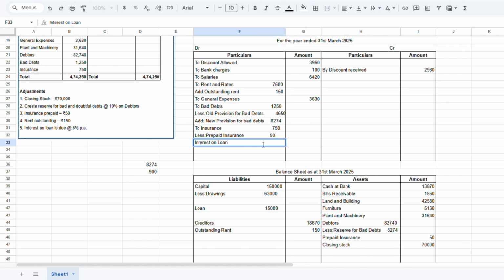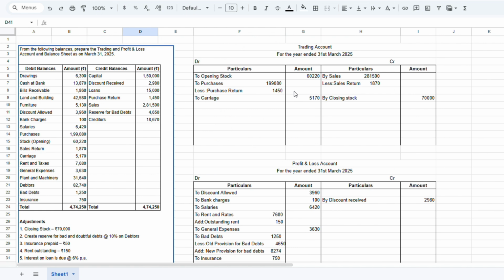So first we'll record it in the profit and loss account, interest on loan 900. And here we'll add interest on loan 900. Now we have recorded all the transactions.